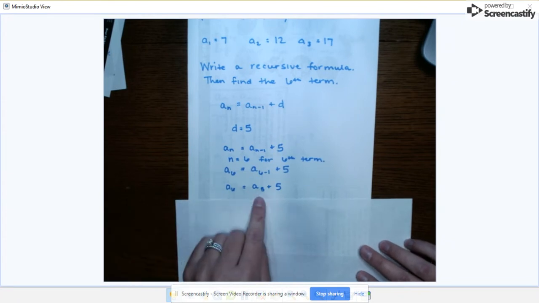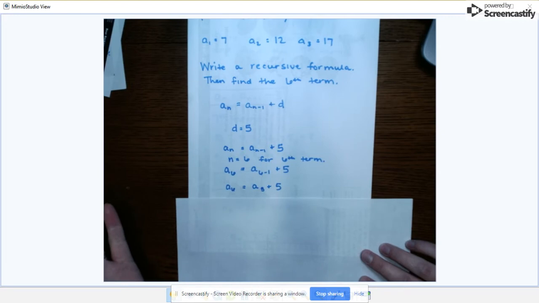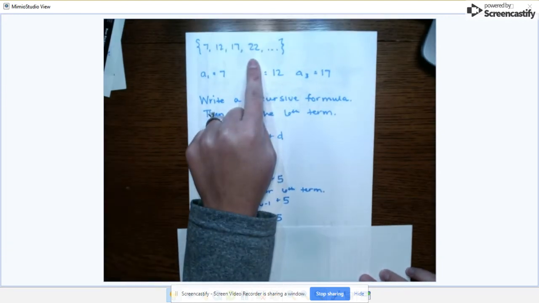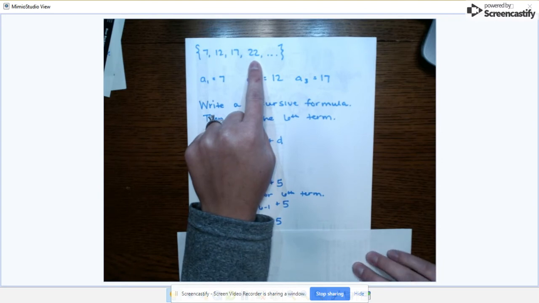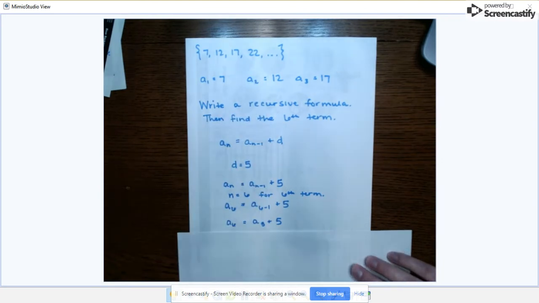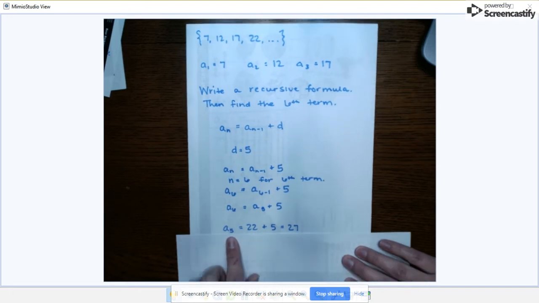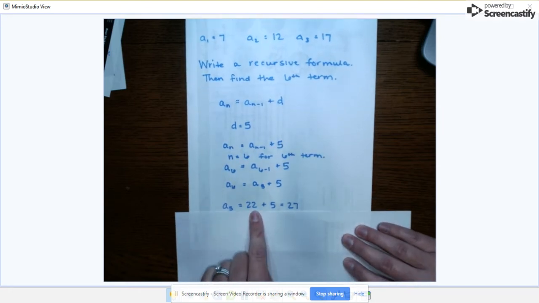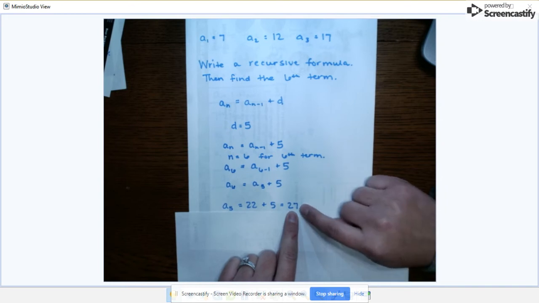Well, if you remember from our notes, a sub 5 means the 5th term. Well, we don't know the fifth term. The last term we know is the fourth term. So I need to find my fifth term. Well, to find my fifth term, I take my fourth term plus 5. Okay, so 22 plus 5 gives me my fifth term is 27. So now a sub 5 we know is 27.